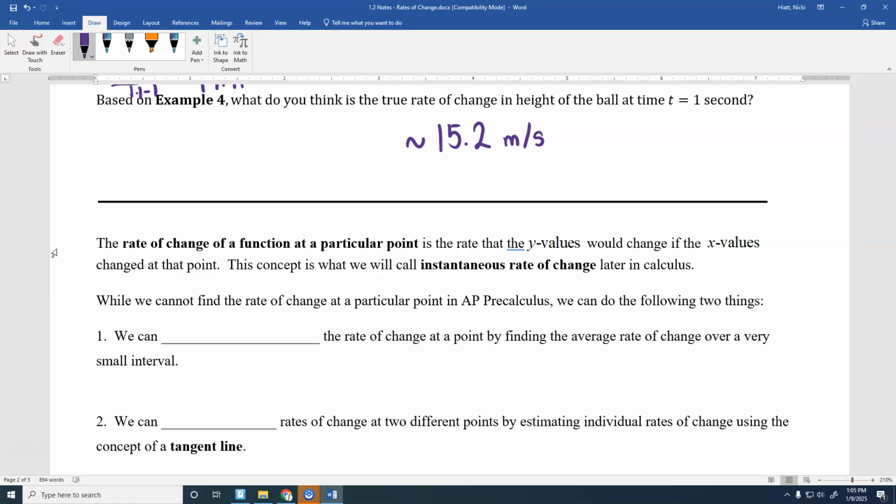The first thing is by doing what we just did, and it's by finding the average rate of change over a small interval. So this blank right here should say we can estimate the rate of change at a point by finding the average rate of change over a very small interval. That's what we just did. So we went really close to 1 and found the average rate of change, and that was pretty close to what we would have.